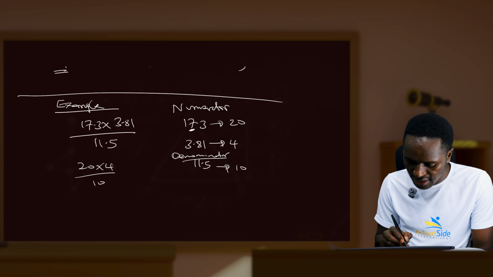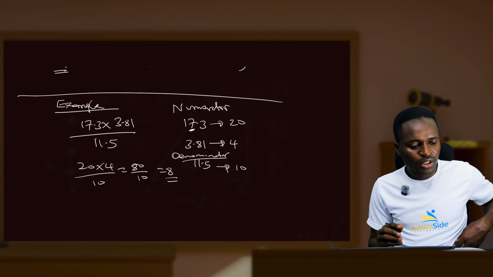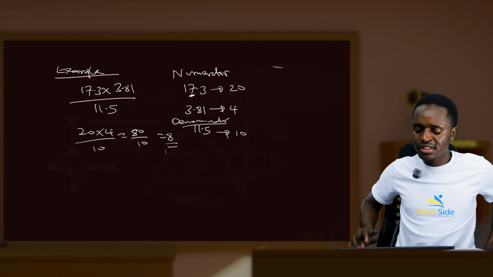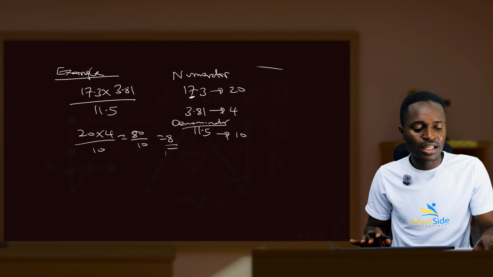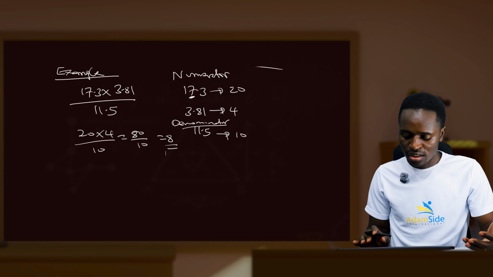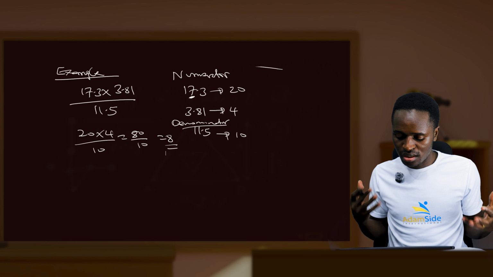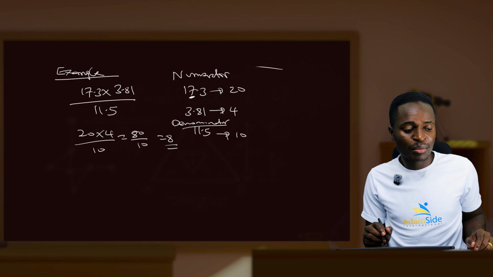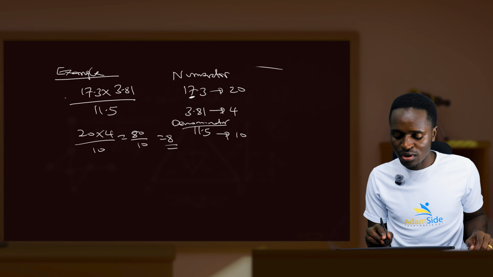Now, when we divide, 20 times 4 over 10. 20 times 4 is 80. Divide by 10, you get 8. So you will obviously understand that the numbers in the numerator were smaller. 17.3 became 20 and 3.81 became 4.